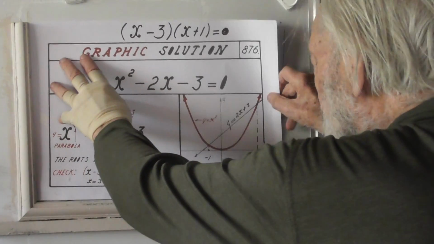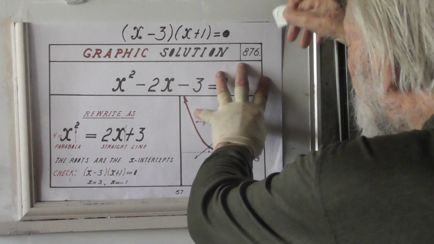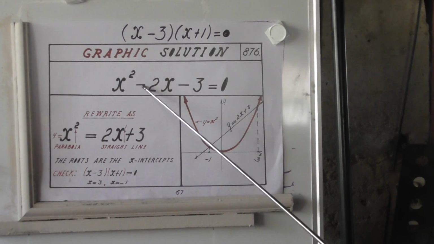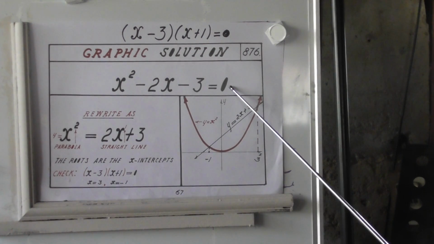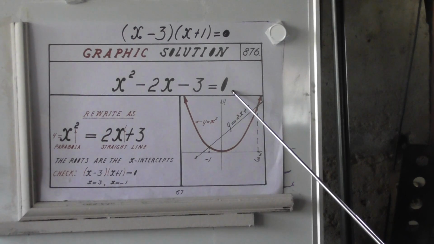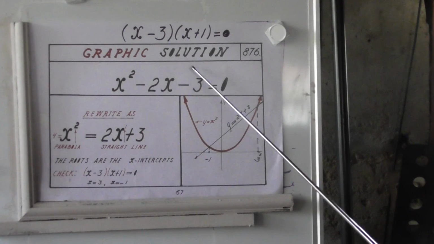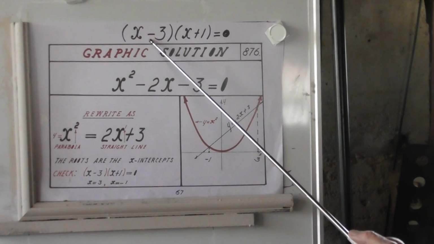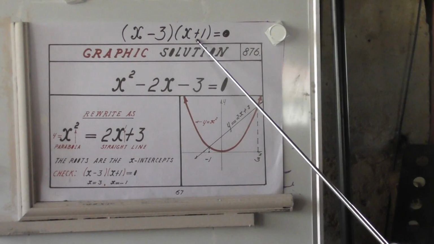This is the same type of sum. This is the quadratic equation. This is the trial and error. So x is positive 3 and x is negative 1.